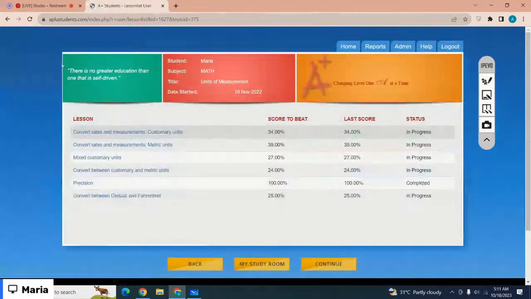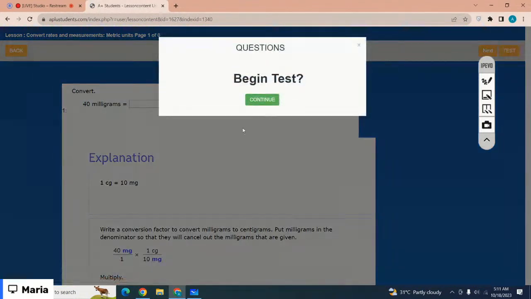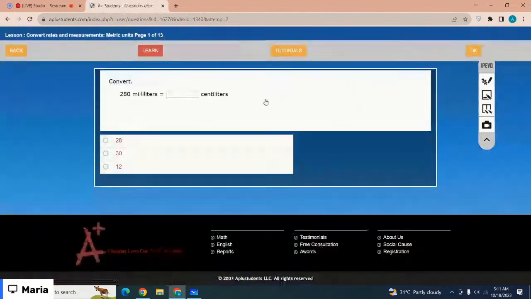The next lesson is convert rates and measurements metric units. 280 milliliters equal how many centiliters? You have to convert from milliliters to centiliters.